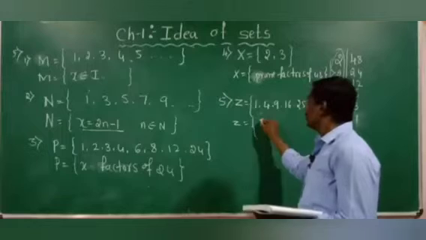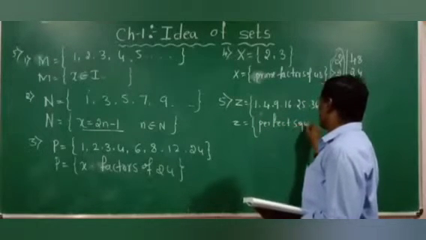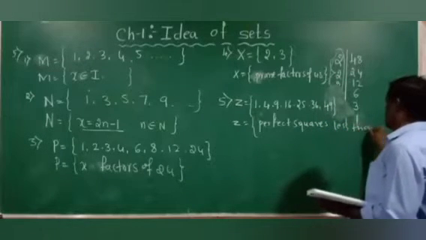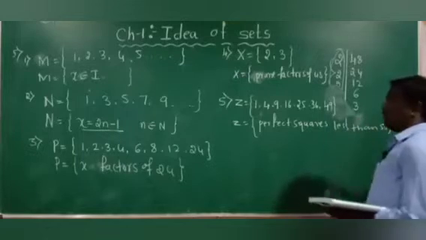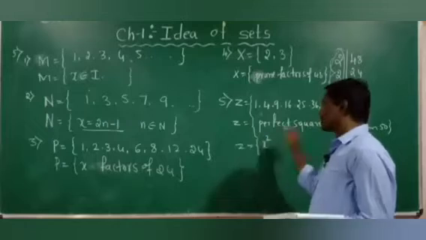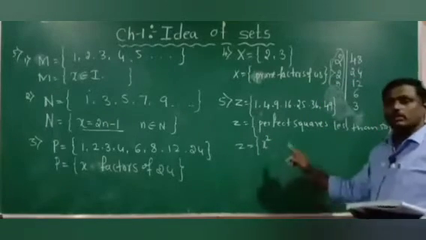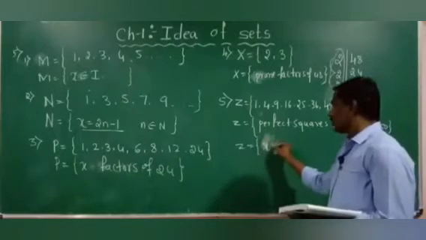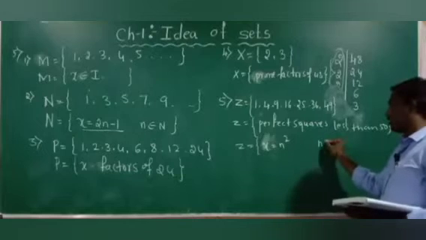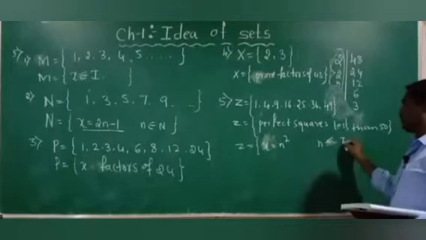So, perfect square numbers less than 50. Either you can write it like this, or Z is equal to x square, that is, x is equal to n square, where n is equal to or less than 7.